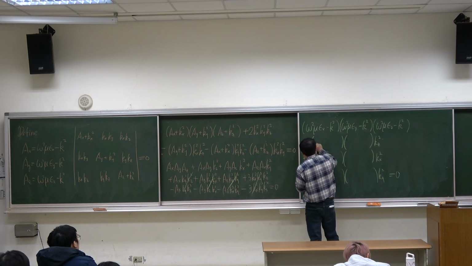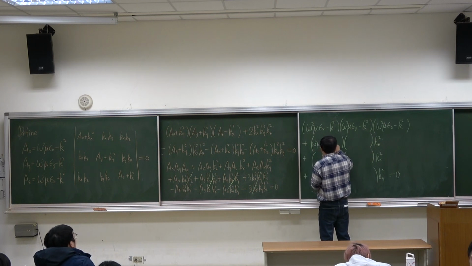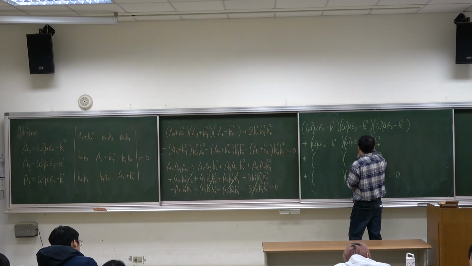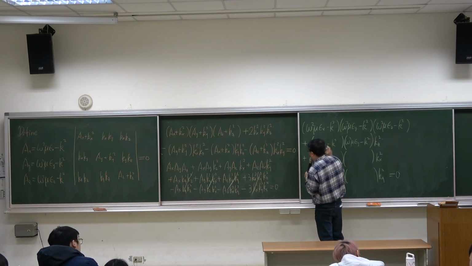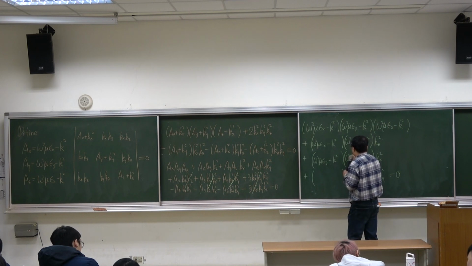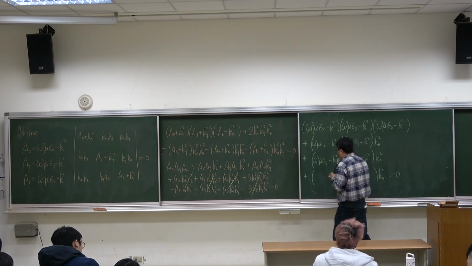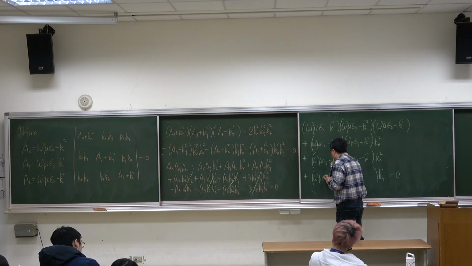Here we have omega square mu epsilon x minus k square, omega square mu epsilon y minus k square.